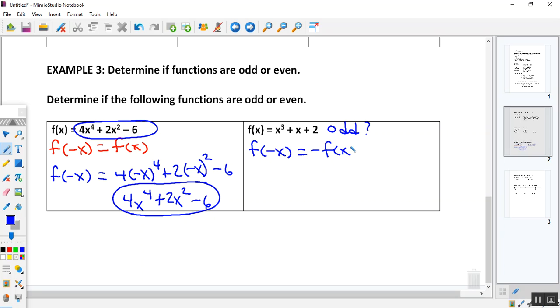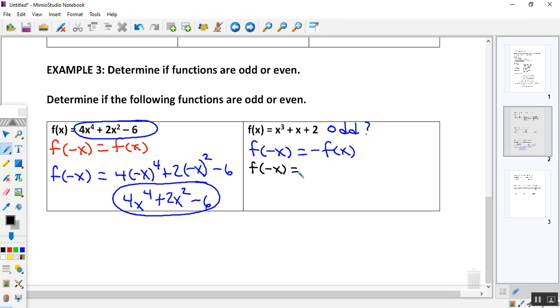I'm going to do this one on the right first, the negative f of x. This is basically saying take your function f and do what to everything? Negative. Okay.